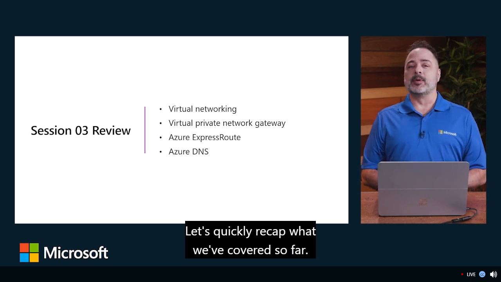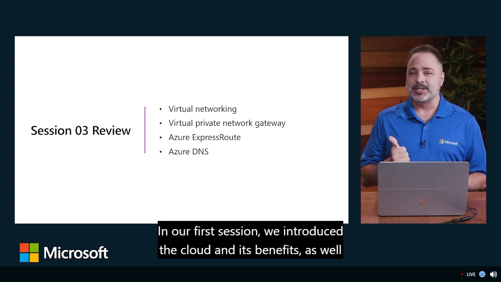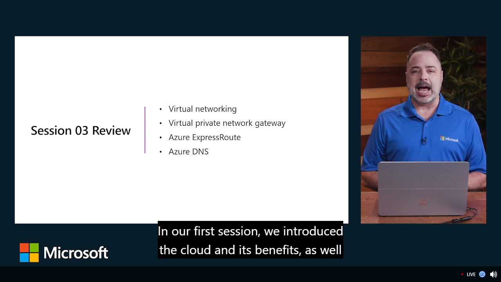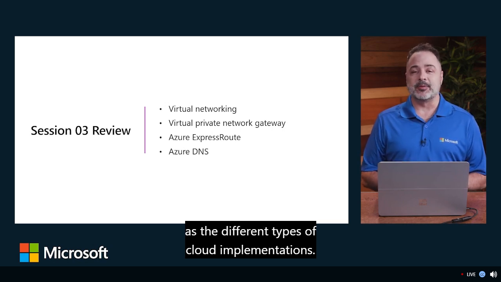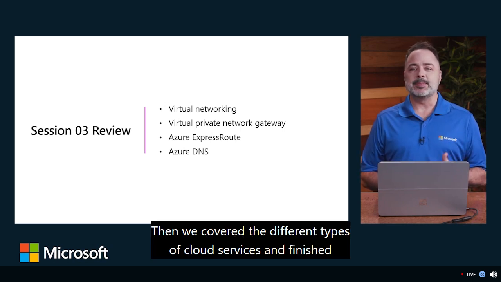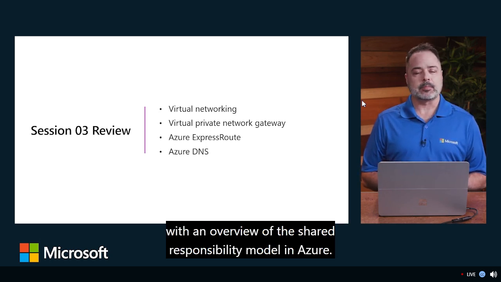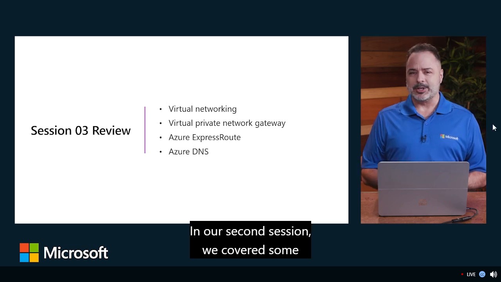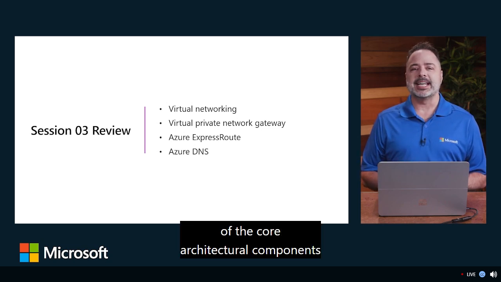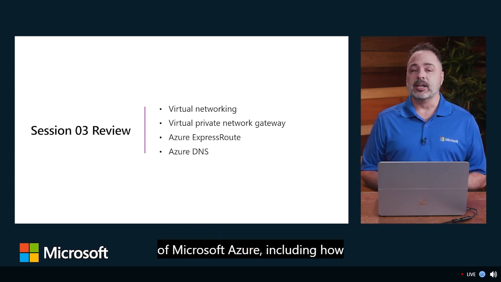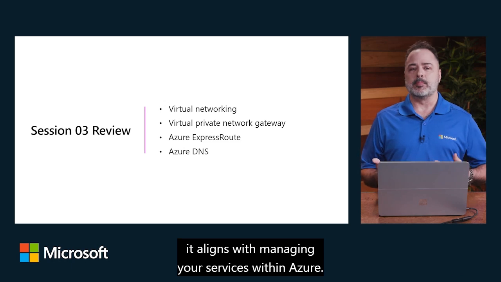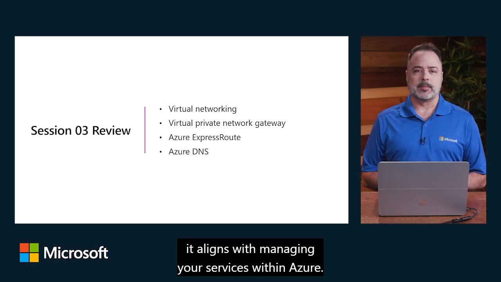Let's quickly recap what we've covered so far. In our first session, we introduced the cloud and its benefits, as well as the different types of cloud implementations. Then we covered the different types of cloud services and finished with an overview of the shared responsibility model in Azure. In our second session, we covered some of the core architectural components of Microsoft Azure, including how it aligns with managing your services within Azure.